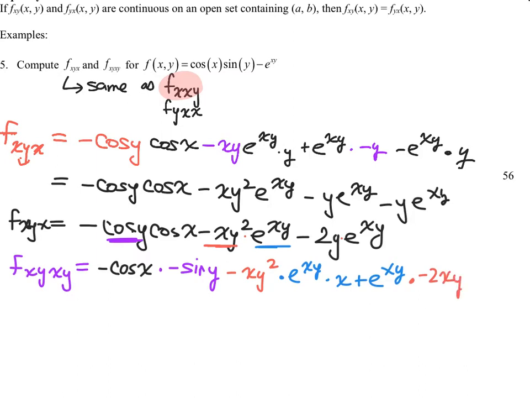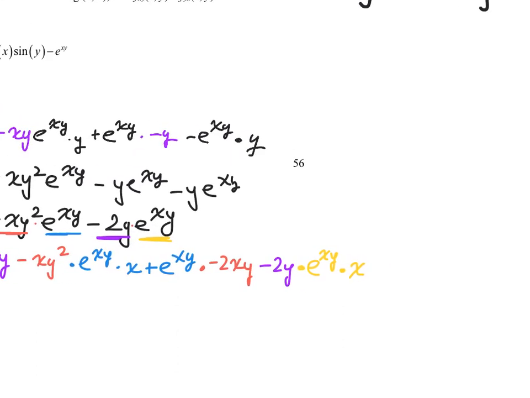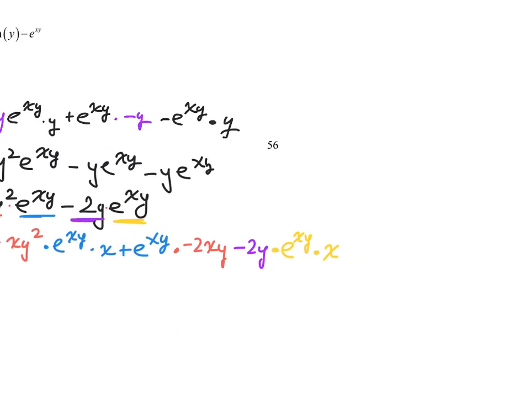Then I'm going to apply the same concept, just with a negative 2y and an e to the xy. All right, so first, negative 2y, times the derivative of the second, so e to the xy times x, plus the second function, times the derivative of the first, which is just a negative 2.